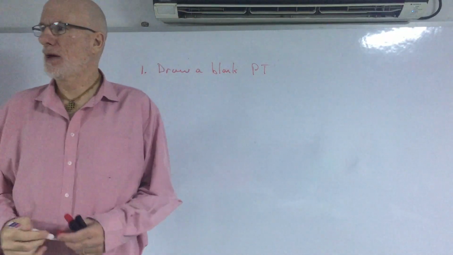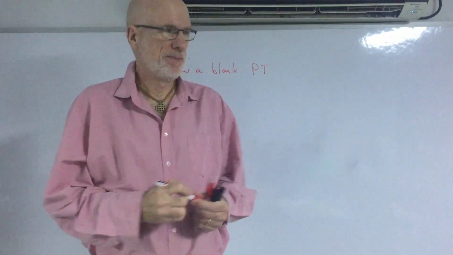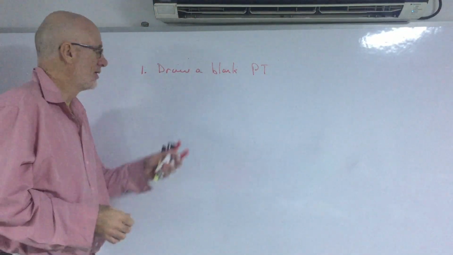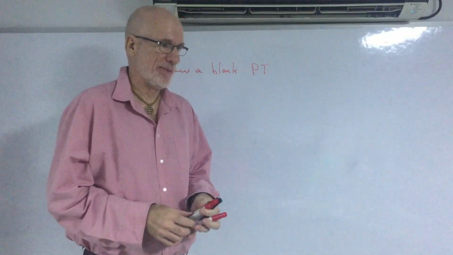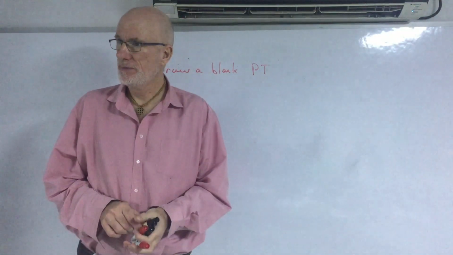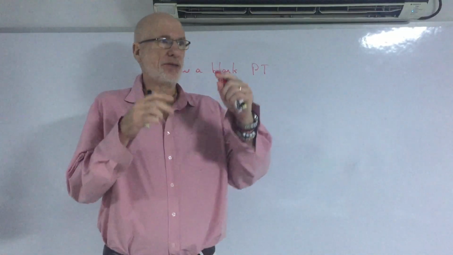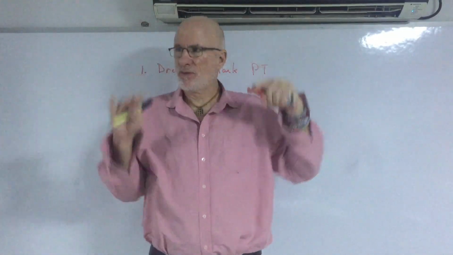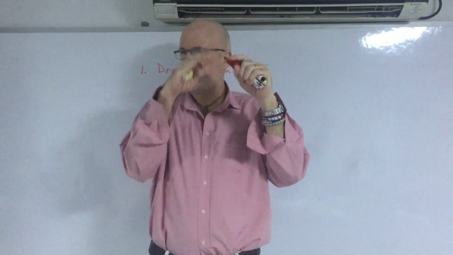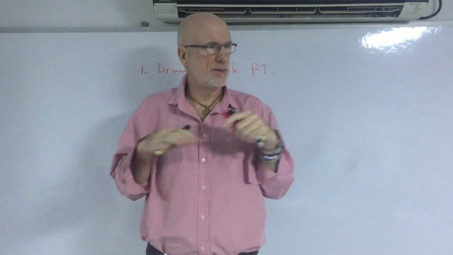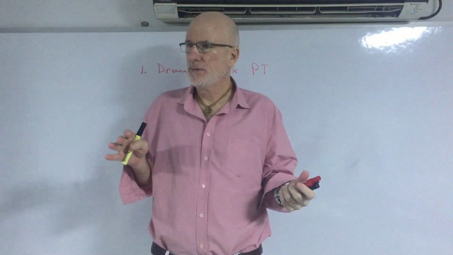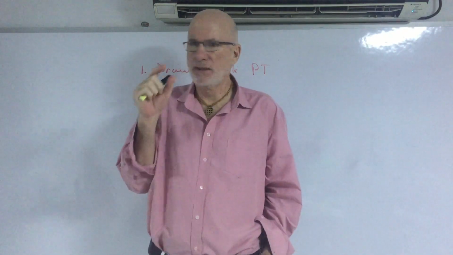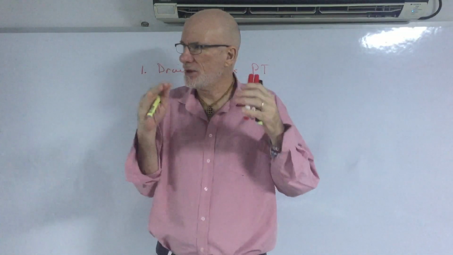Periodic table from now on will be generally known as PT. Just PT. You have to draw a blank periodic table with the 7 rows and the blank spaces. So you have 118 little squares put together in a certain way.